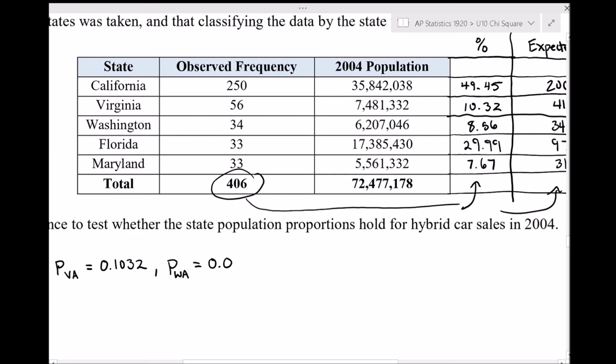Where am I getting these? I'm getting these from the percentage column, but changing them back to a proportion. I should have had them as proportions to begin with. For Florida, the proportion for Florida, FL, is 0.2999.